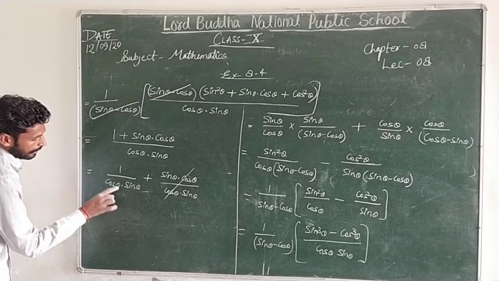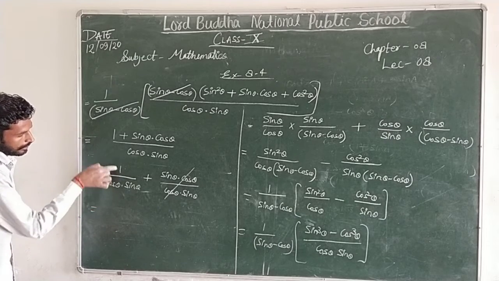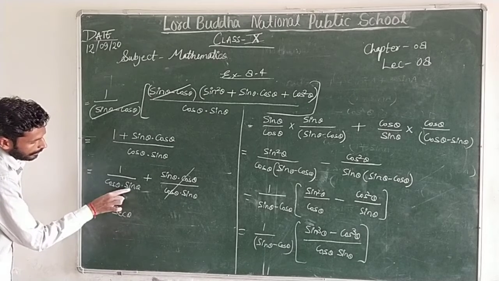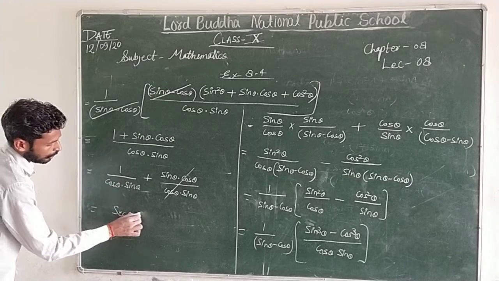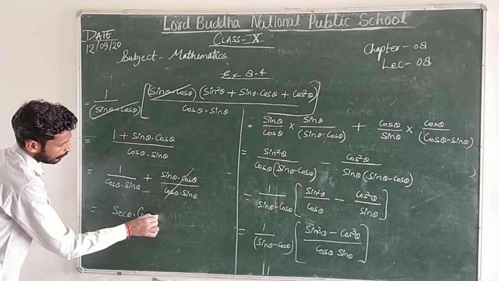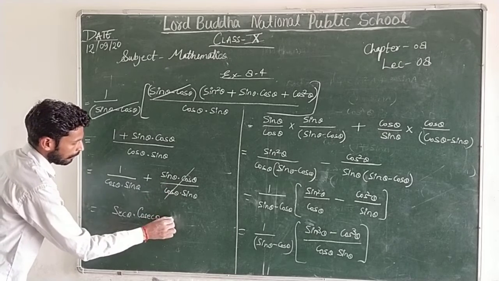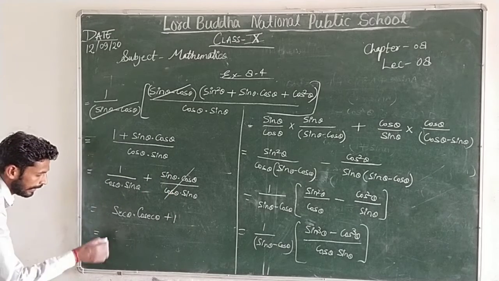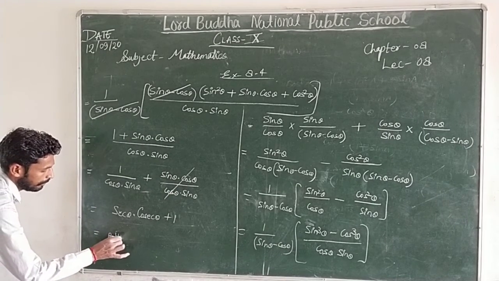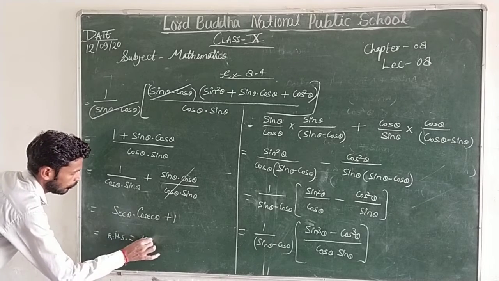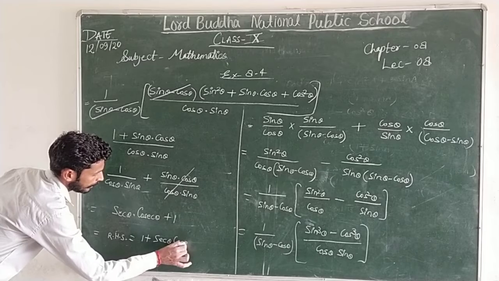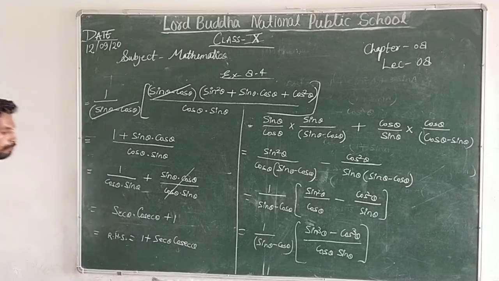Now we can write it as cos theta in the denominator, it will become sec theta, and sin theta it will become cosec theta. So into cosec theta, and here will be plus 1 because it will be cancelled. So the right hand side which is given in the question, that is equal to 1 plus sec theta into cosec theta, that is proved.